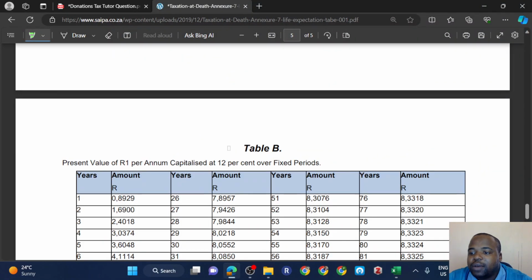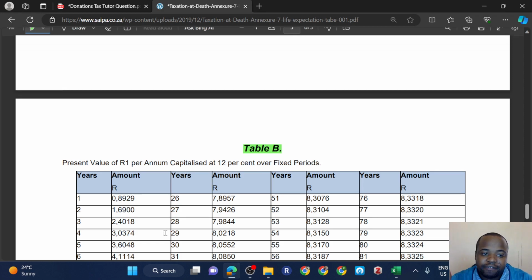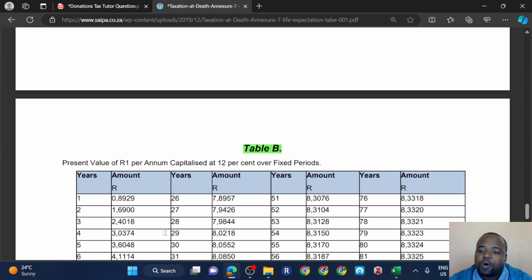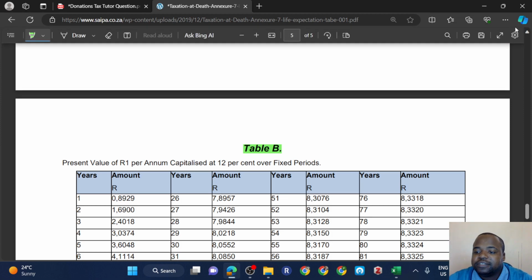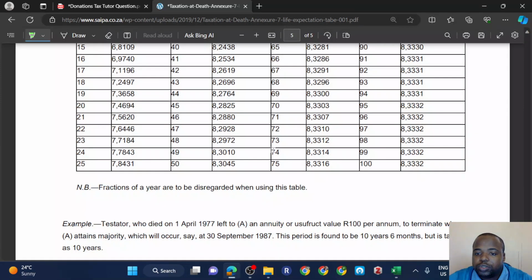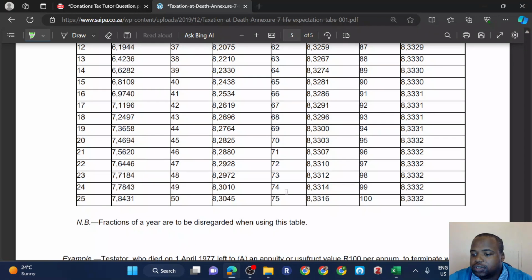And remember guys, now we use table B, and you use table B whenever the shortest period is the specified time period, or you are dealing with a company. In the case of a company, you will use 50 years, right? Fractions of a year to be disregarded when using this table.